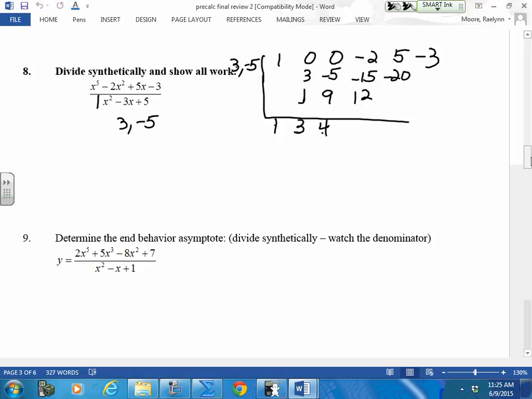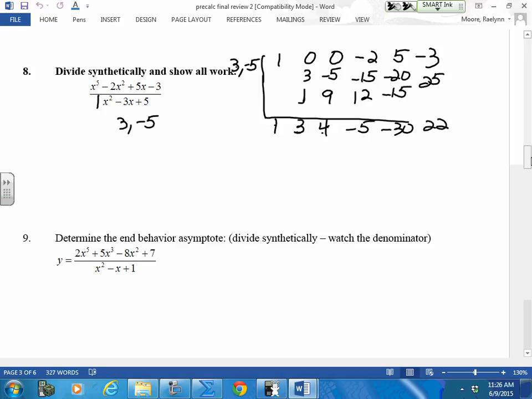Stop and add this down. Okay. 3 times negative 5 to the right. Negative 5 times negative 5 to the right. Stop and add everything down. So this gives me negative 30 and this gives me 22.